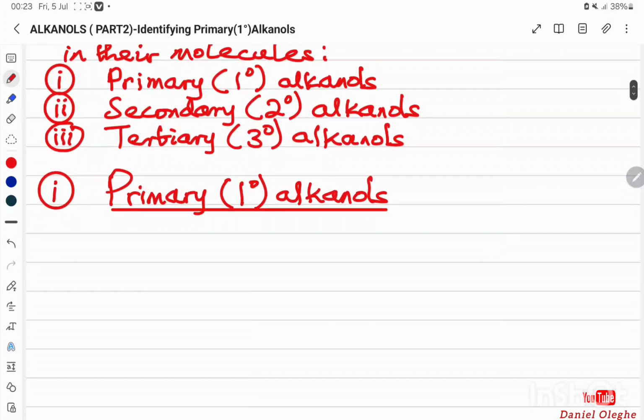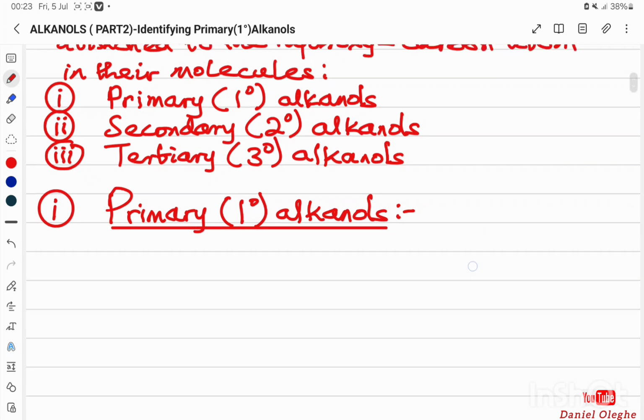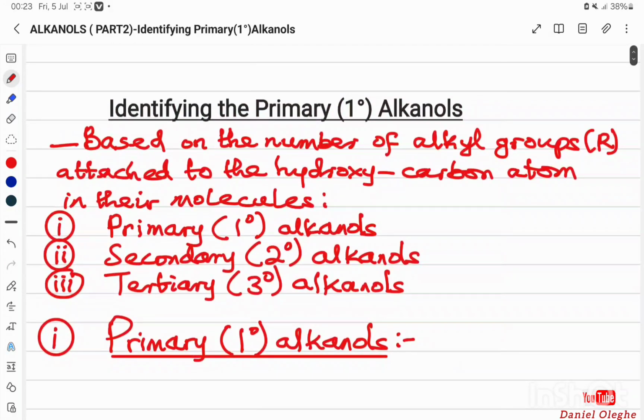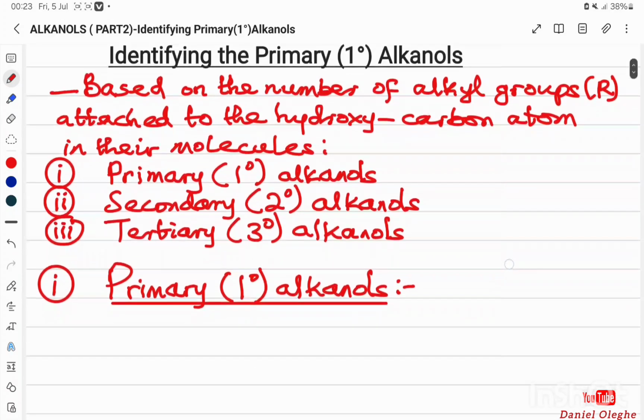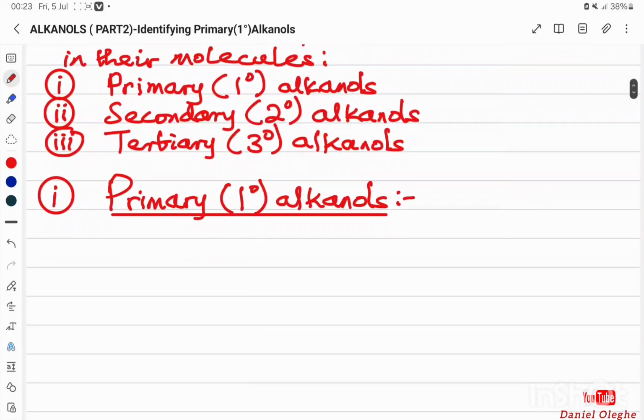What are primary alkanols? Don't forget that we are looking at the classification of alkanols into various types based on the number of alkyl groups attached to the hydroxy-carbon atom in their molecules. So we are looking at primary alkanols. And what are primary alkanols?